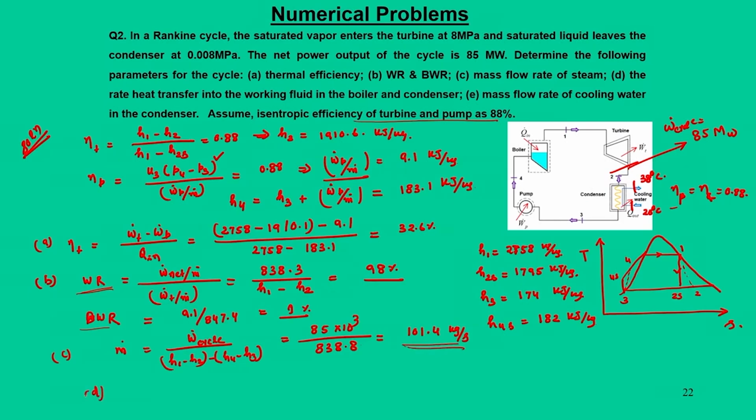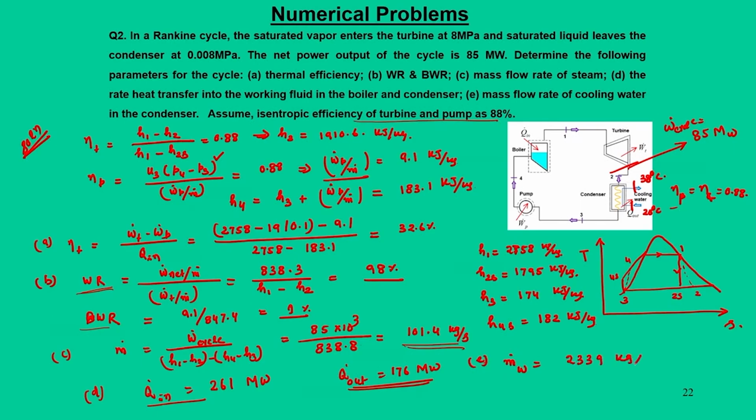In a similar way, we can find Q dot in as 261 megawatt in the boiler, Q dot out as 176 megawatt in the condenser, and the cooling water requirement M dot W is 2339.